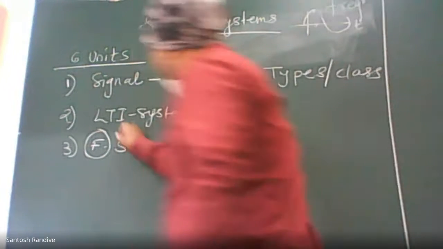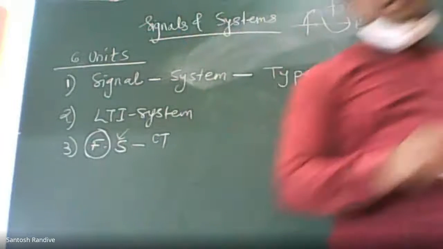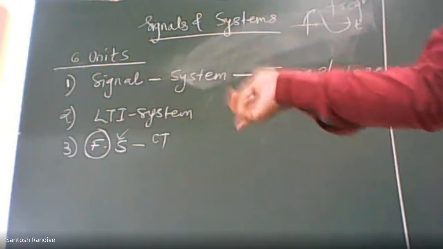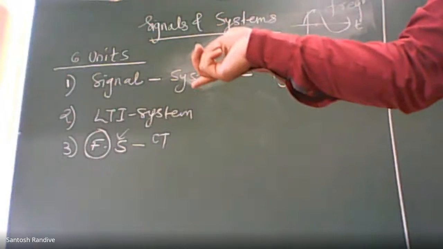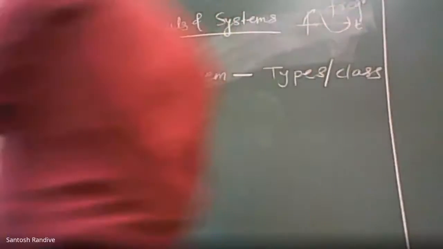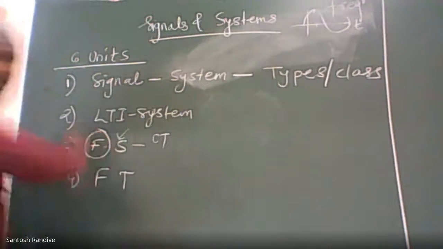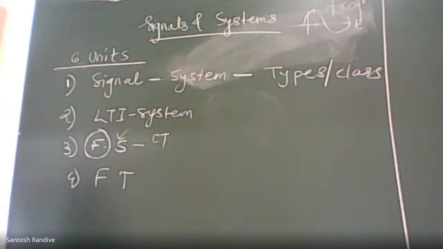And when we deal with CT signals, it is called Fourier series. When we go for DT signals, it is called Fourier transform. Periodic, that is okay.